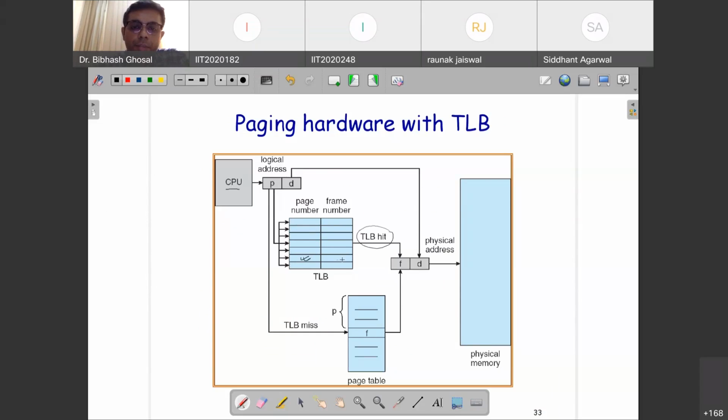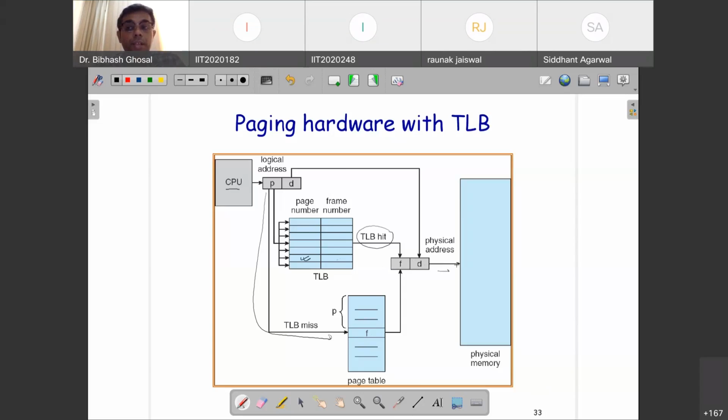Automatically its frame number is read and the offset is added and you are done. The problem is, if there is no TLB hit, then what happens? No problem, you proceed to the actual page table. The page number is obtained, the frame is read, added to the offset, and then you reach the physical memory. This is what happens when you are handling paging hardware with TLB.